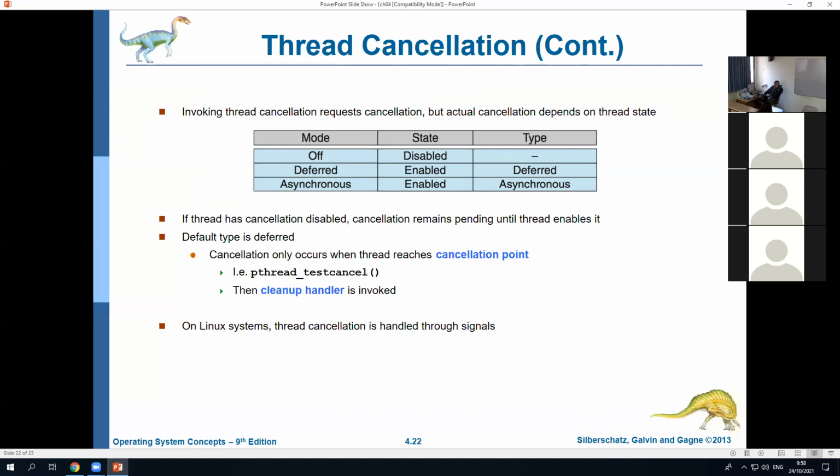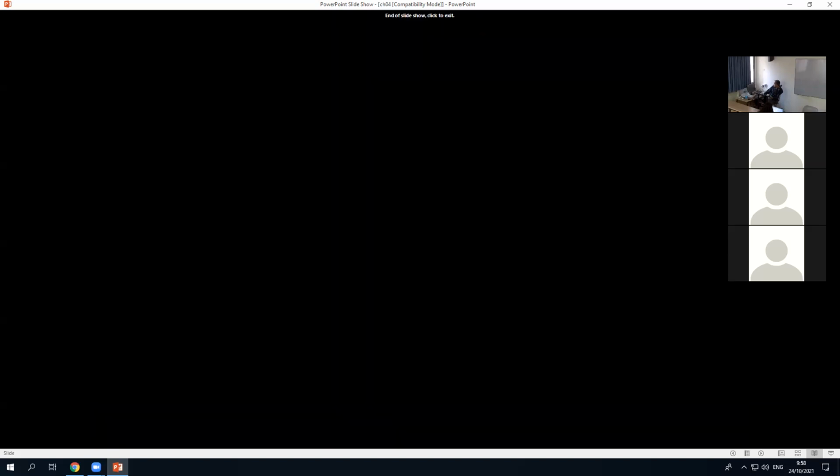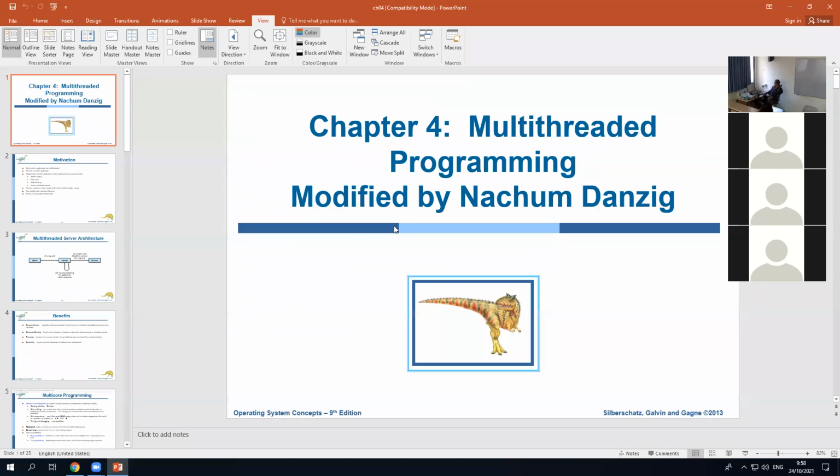In other words, it might be in a critical section where it doesn't want to stop in the middle. But you wrote that program, so it wouldn't accept the cancel at a certain point. I'm skipping a little bit here. Yeah, that's it. I did make this very short.